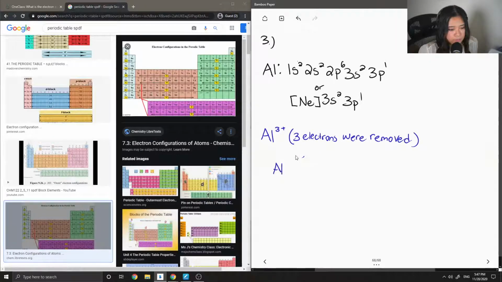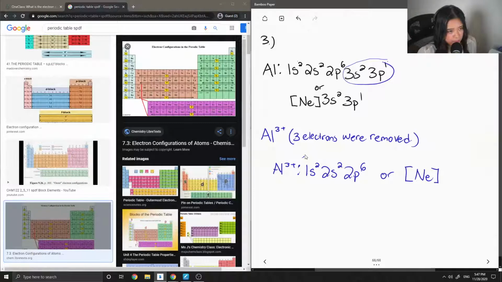So now, let's look at the electron configuration of just regular aluminum, and then we're going to take away 3 electrons. So basically the last 2 parts there. So now its new electron configuration is 1s2, 2s2, 2p6. Or it just has the same electron configuration as neon.